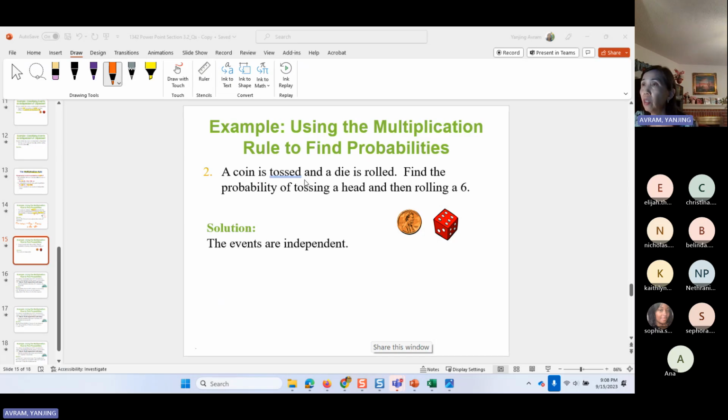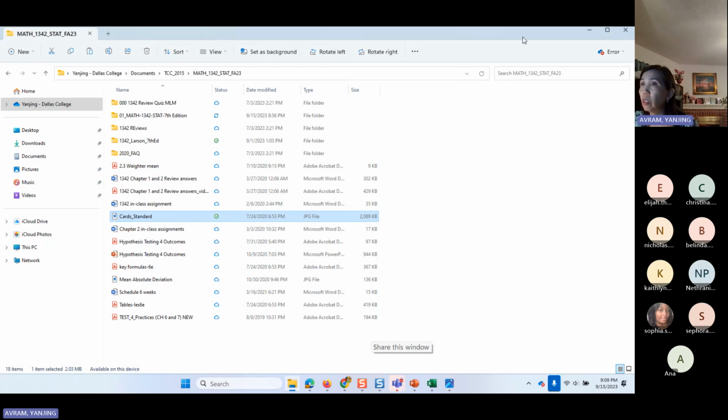Second one here: a coin is tossed and a die is rolled. Find the probability of tossing a head and then rolling a 6. How do you do this one?